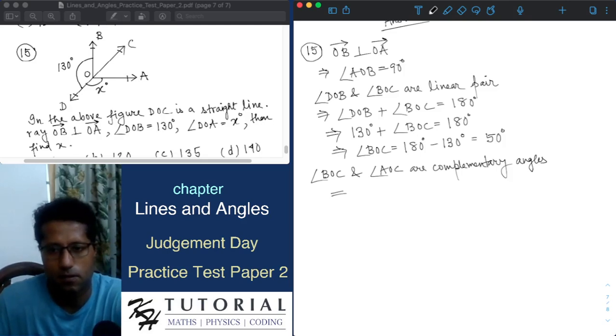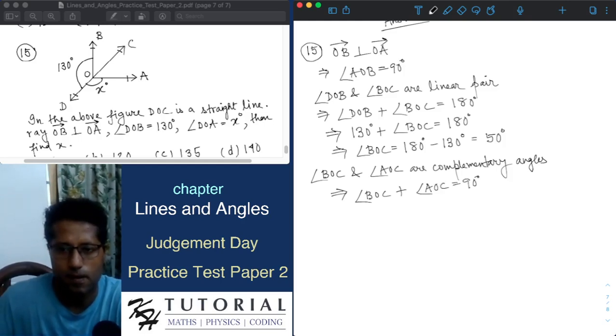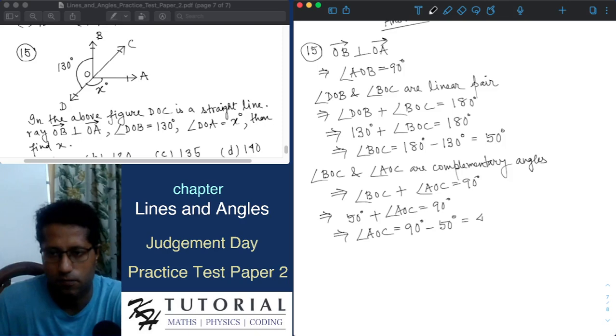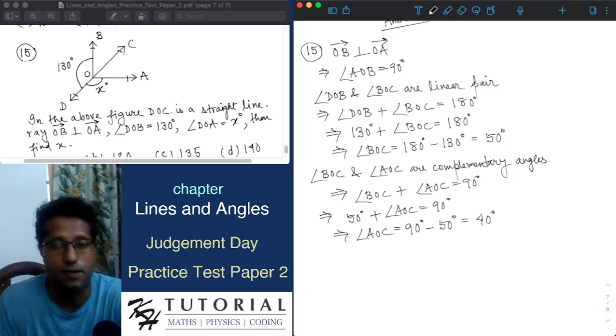So this implies that angle BOC plus angle AOC equals 90 degrees. Now angle BOC we have found to be 50 degrees. So this implies 50 degrees plus angle AOC equals 90 degrees. So this implies angle AOC equals 90 degrees minus 50 degrees. This is 40 degrees. So angle AOC is 40 degrees.